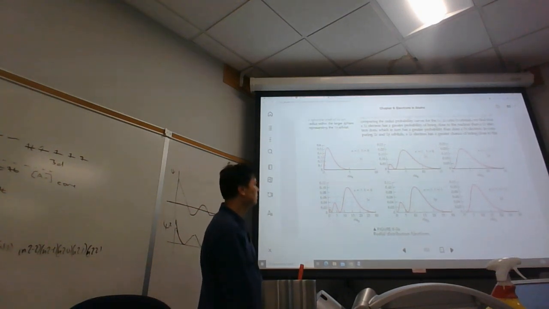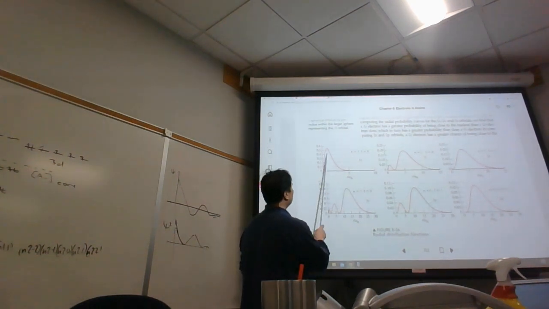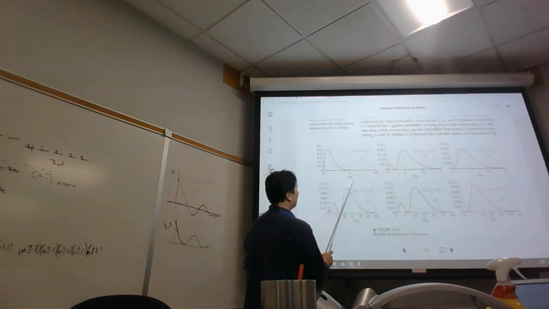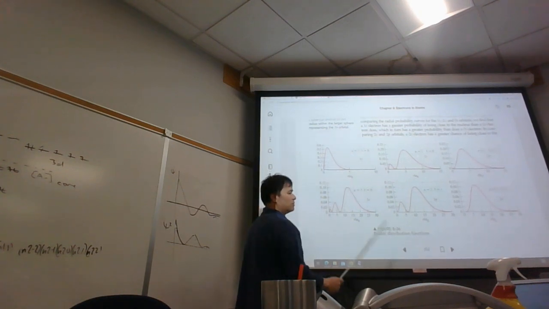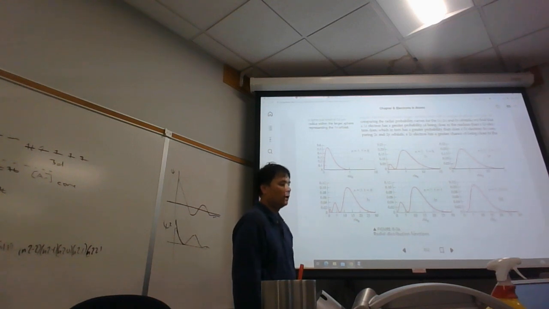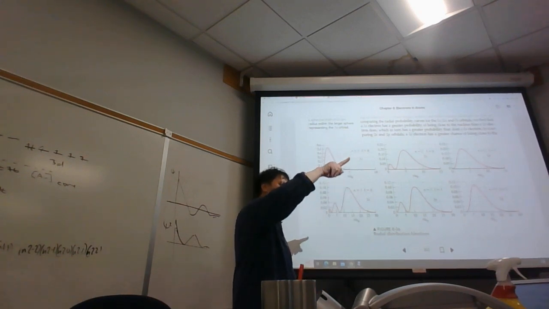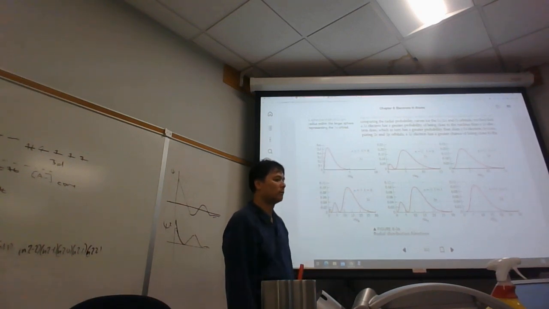Radius relative to a naught. Actually, radius relative to a naught, one would be 1 a naught, which would be 0.54 angstroms for this. What is a naught defined as? A naught in terms of Bohr would be the r1 in terms of Bohr.